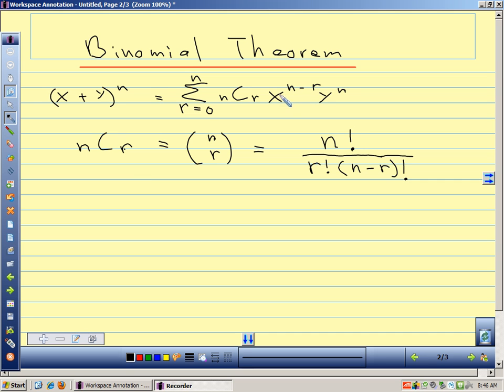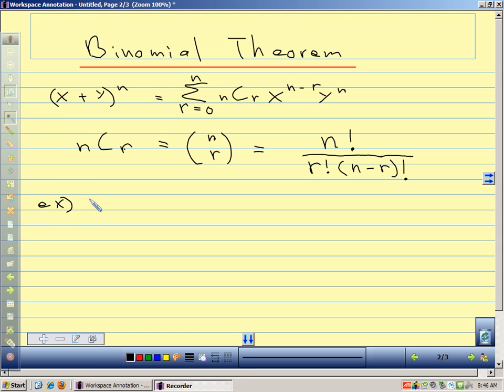And this pattern, x to the n minus r, y to the r, gives us our pattern with the exponents. So this formula gives us our pattern. So let's look at some calculations using our binomial coefficients, using this nCr or n over r, calculating some of these.